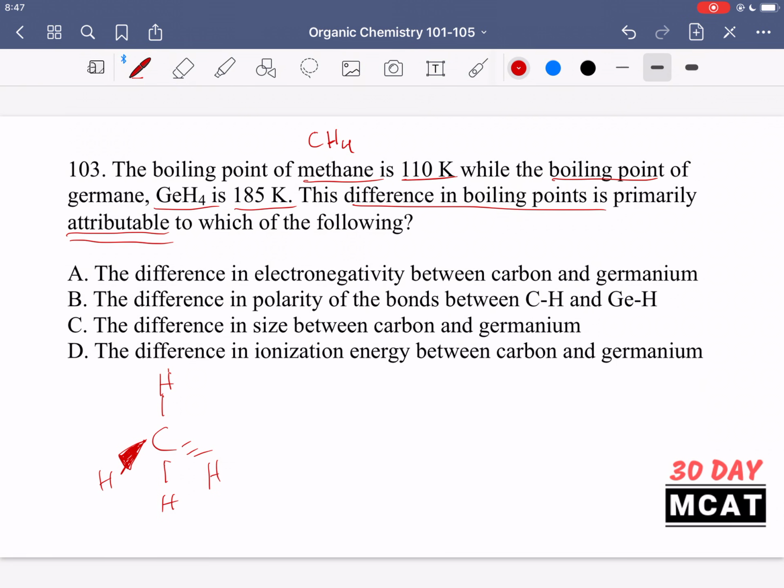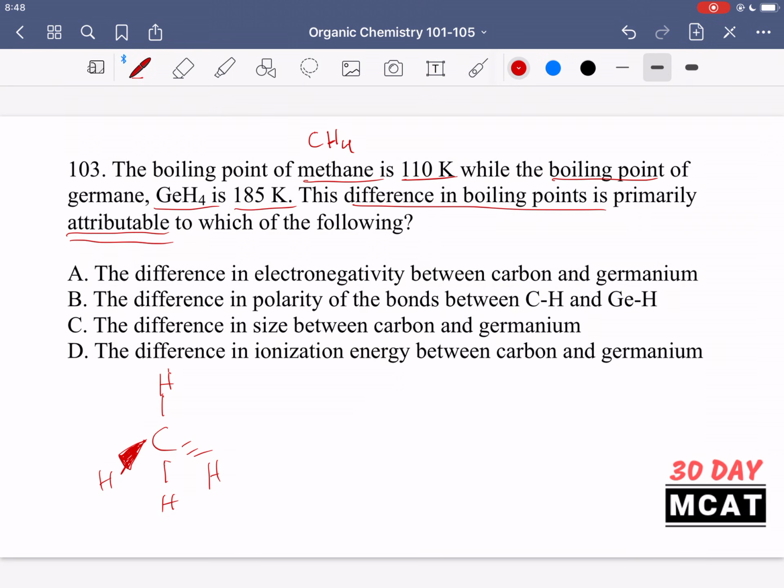Just keep in mind methane is a tetrahedral molecule. So is germane, okay? Because these are tetrahedral, their polarity, even if there was any, is going to be distributed evenly across the 3-dimensional plane, and therefore that polarity cancels out. So overall, we have a non-polar molecule. So if instead of all hydrogens, I had a chloride instead, sometimes it would have polarity, but if they were all chlorides, then that would all cancel out, and then it's a non-polar molecule.